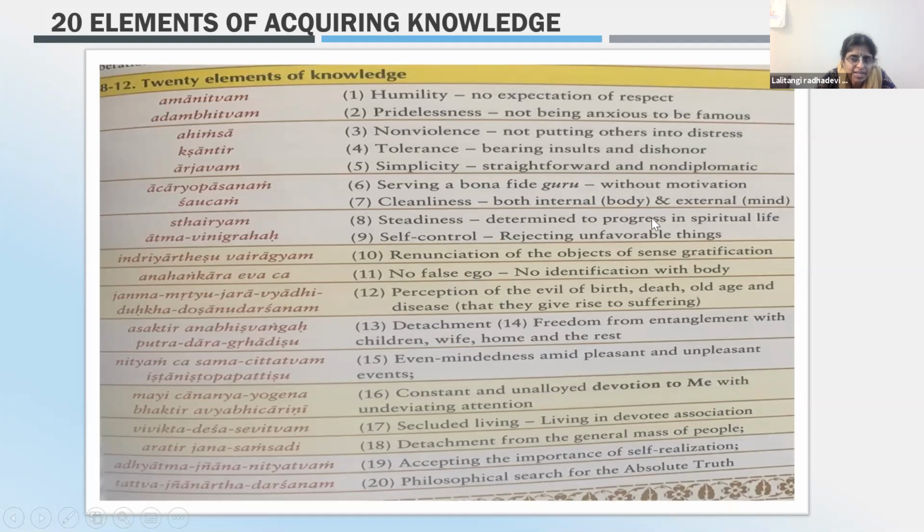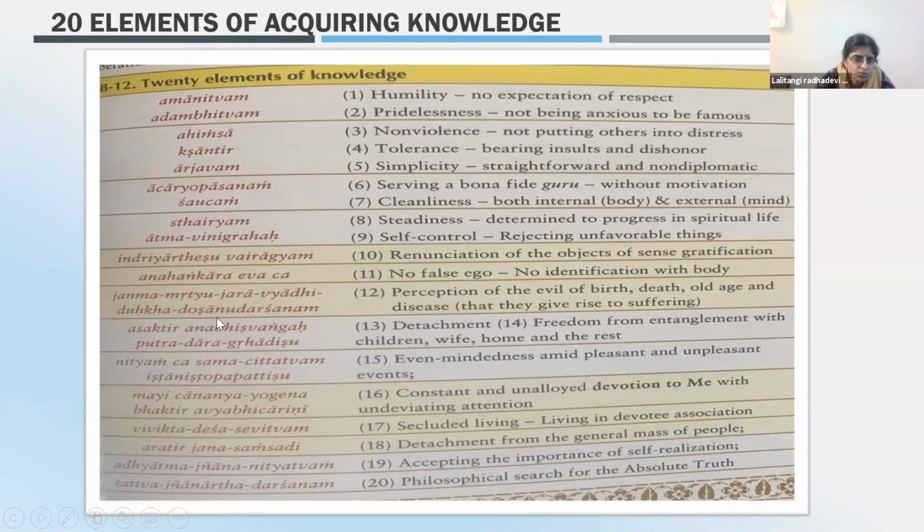Stairyam, steadiness, determined to progress in spiritual life. Atma Vinigraha, self-control, rejecting unfavorable things. Indriyarteshu Vairagyam, renunciation of the objects of sense gratification. Anahankara evacha, ahankara is false ego, and anahankara is no false ego or no identification with the body.